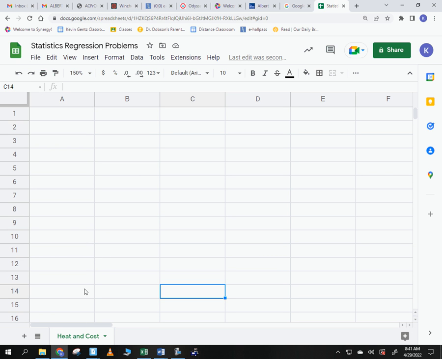So you can see I renamed a tab called Heat and Cost. I can continue to add more tabs if I want to and create more opportunities to do problems, but I'm just going to do one problem per tab.